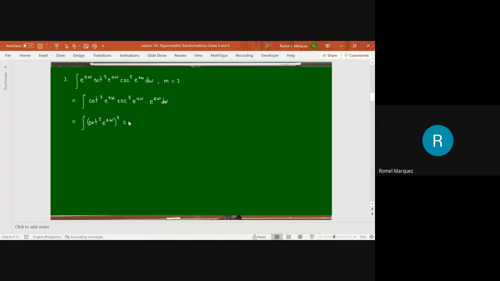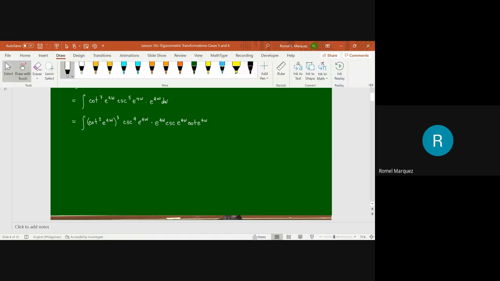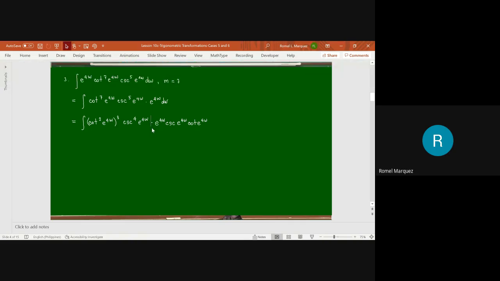So here we'll have just cosecant to the 4th of e to the 4w, and then times e to the 4w, then cosecant of e to the 4w, cotangent of e to the 4w. Okay, guys? Do you have question with that, guys?